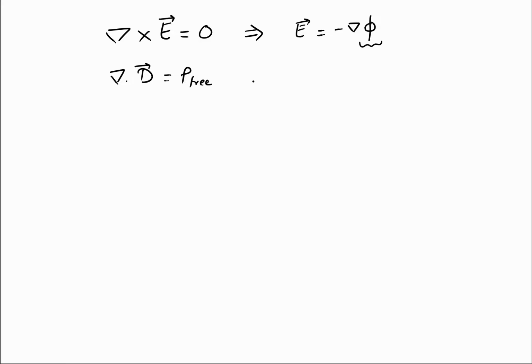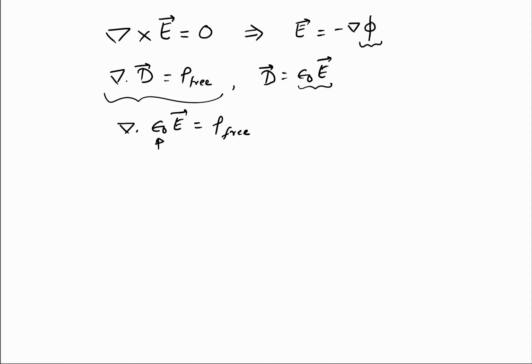Now for a vacuum medium, D is equal to epsilon naught E. I will put the value of D in terms of electric field intensity in the divergence equation. So del dot epsilon naught E is equal to rho free, the source charge density.